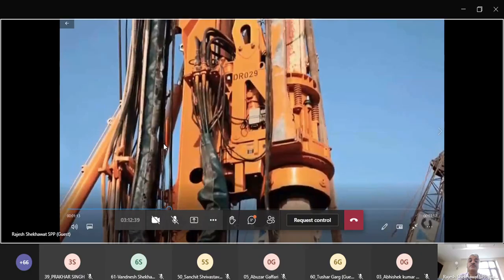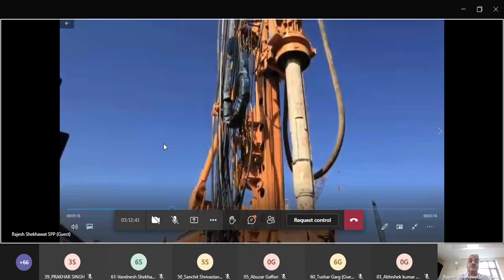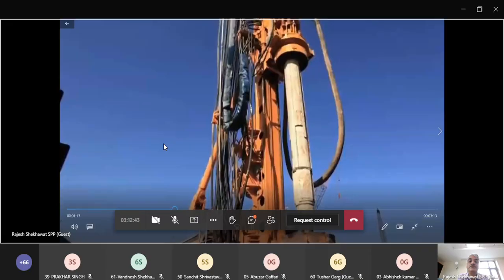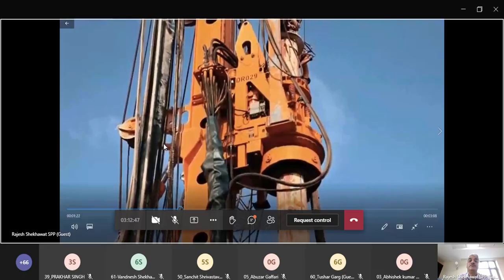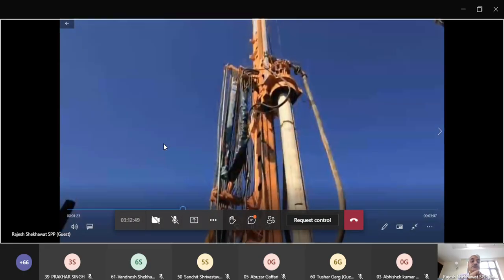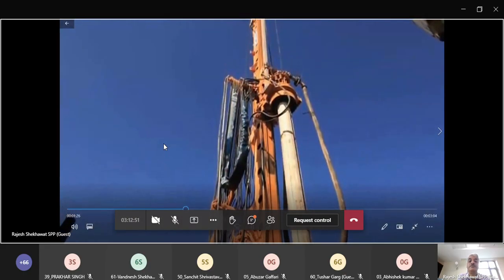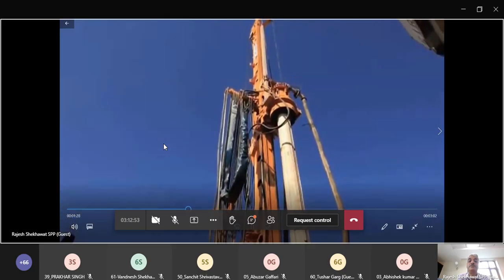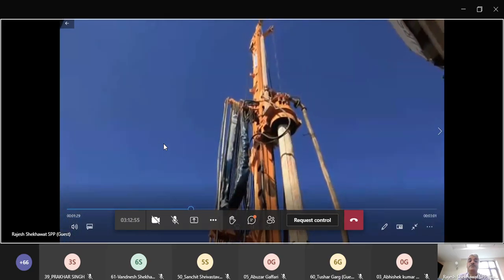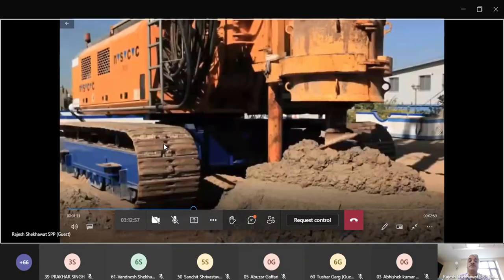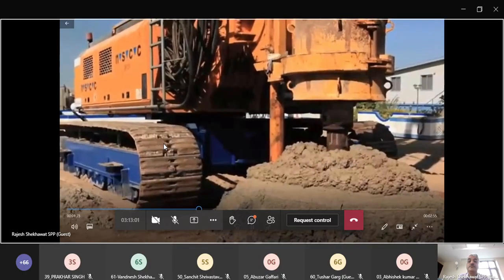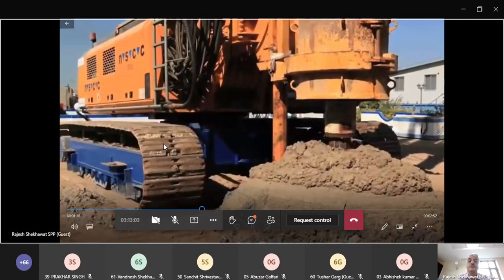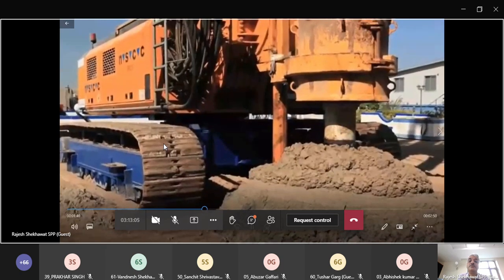A Kelly extension allows for extra depth to reach 26 meters of drilled pile. The use of compressed air through the augers allows penetration into hard grounds, usually not associated with CFA piling.